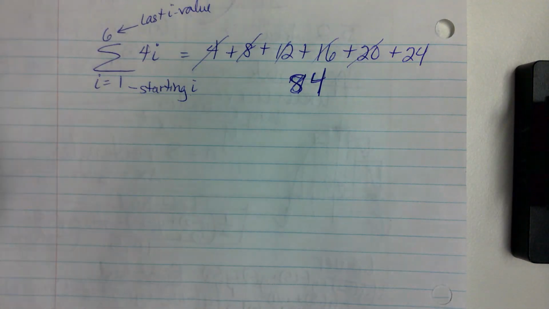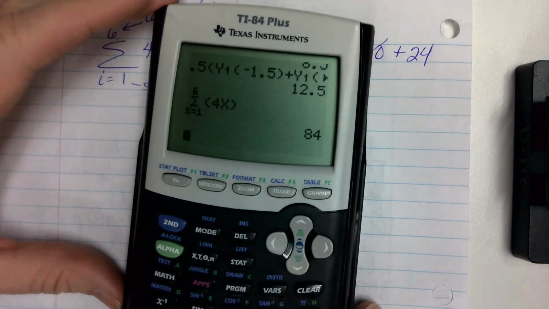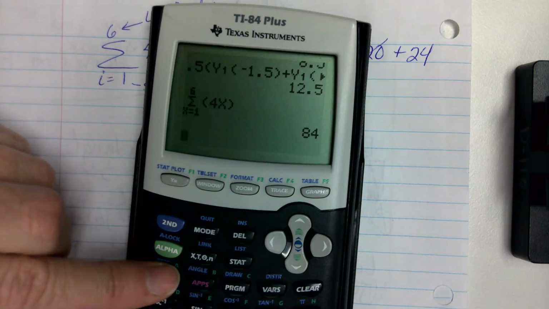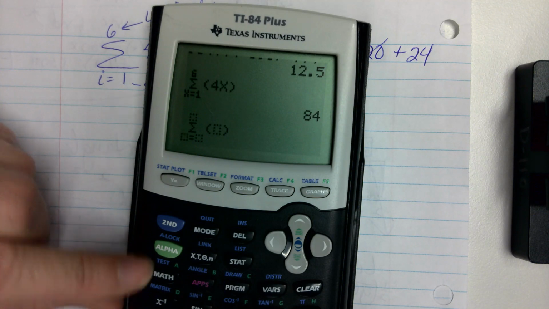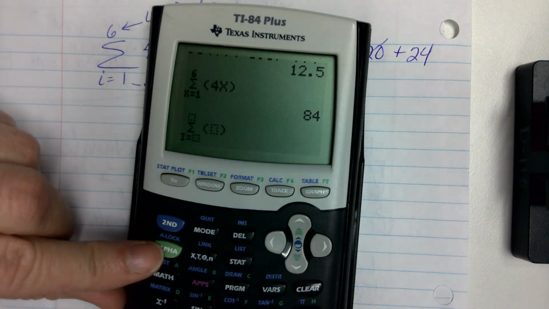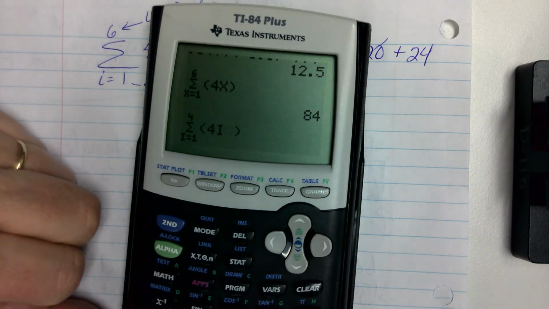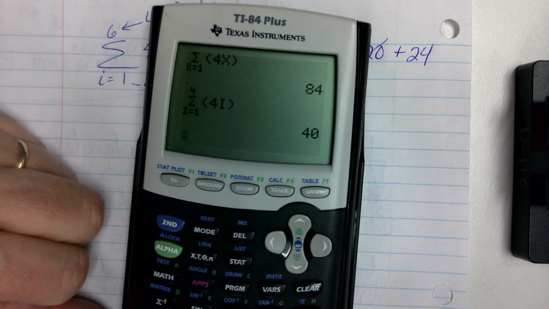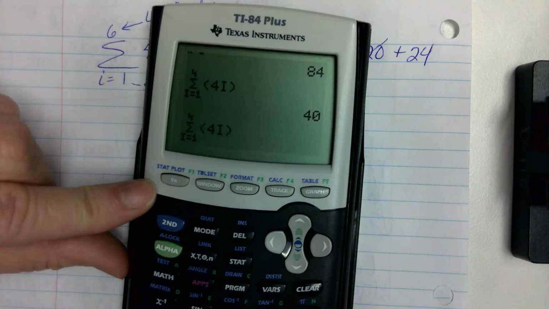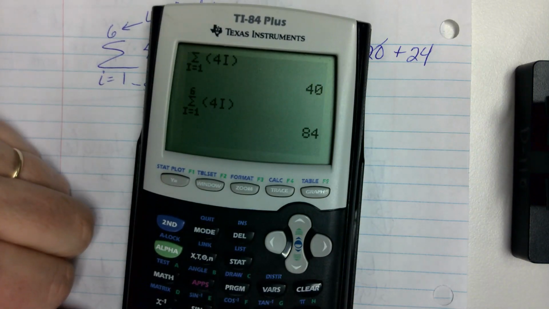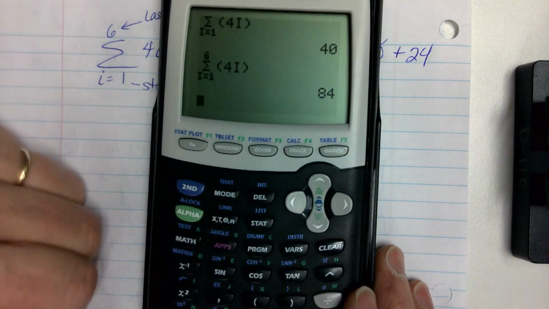I just used X instead of I. It said it's 24? Oh, I did 1 to 4. I mean, there's no need to do a different letter. Just hit the X key. It's okay.